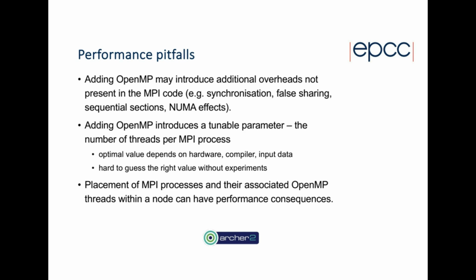And it's maybe difficult to actually determine the optimal value without a lot of extensive testing, because that's going to depend on the hardware that you're running on, depend on the compiler, probably also depends on which MPI library you're using, and then obviously may also depend on your input data as well. So it can be really hard to choose the optimal value of threads per process without extensive experiments.